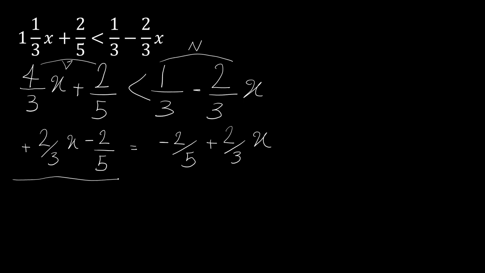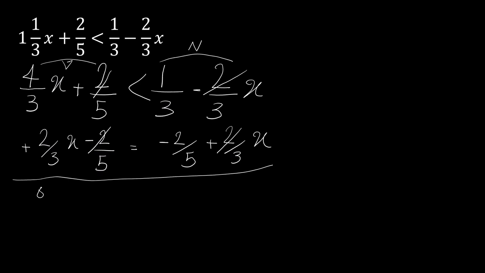If I add this equation with this inequality, these two terms are going to cancel each other out, and on the other hand, these two terms are going to cancel each other out. I'm going to have 4 over 3 plus 2 over 3. Because they have the same denominator, we can add numerators.